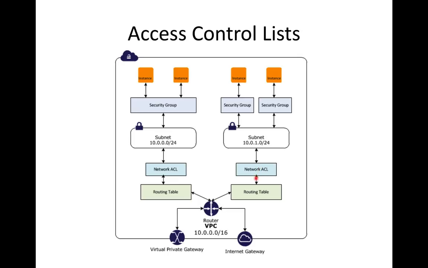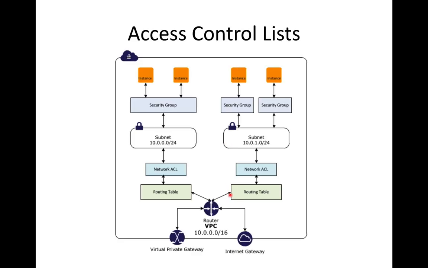If the traffic is allowed through the access control list to the subnet, then the traffic is going to be routed to one of the EC2 instances. At that point, the traffic has to be allowed through the security group which the EC2 instance is associated with.